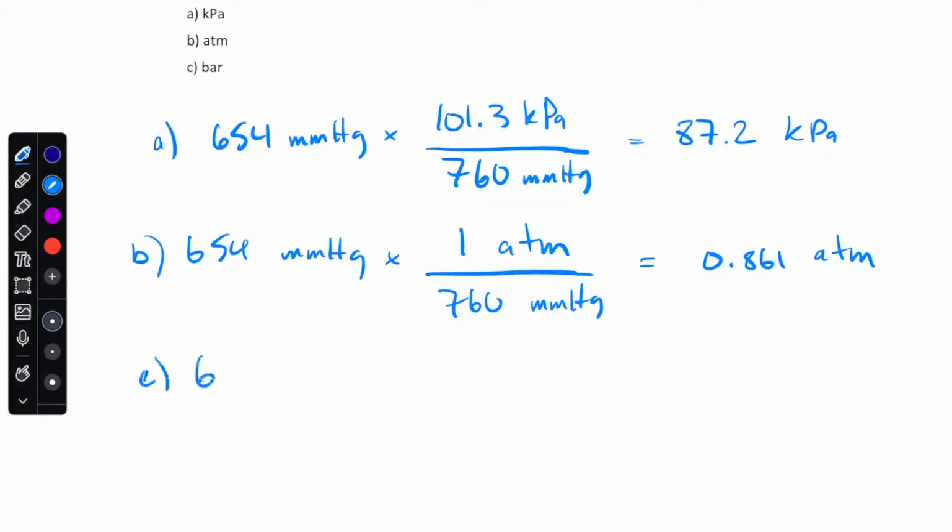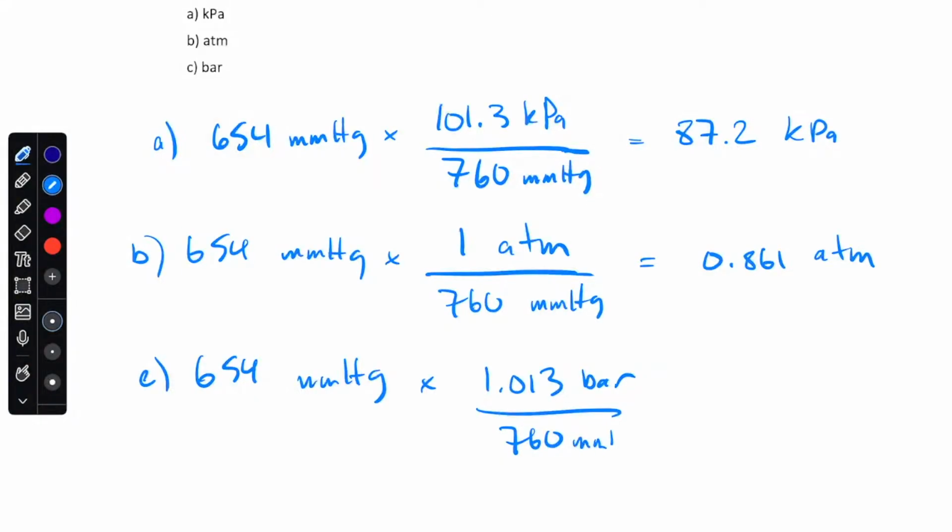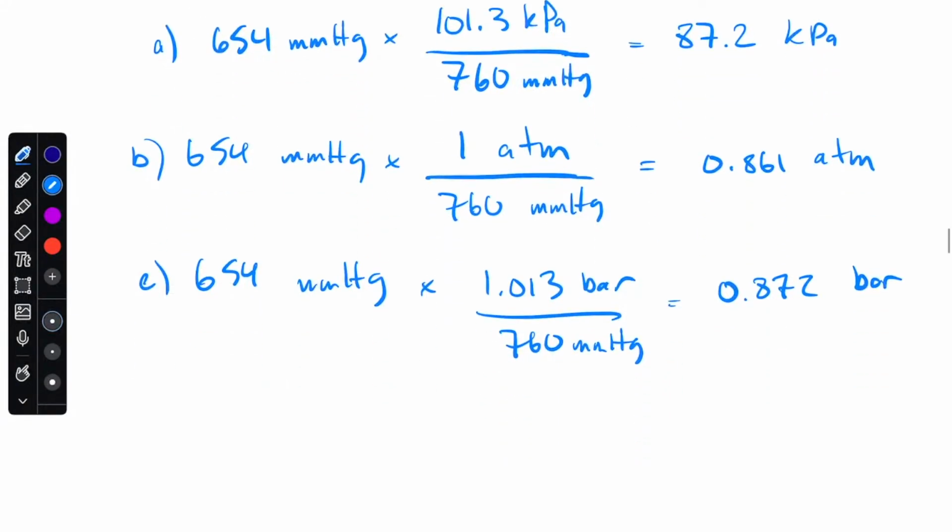And C, 654 millimeters of mercury times, in this case, 1.013 bar over 760 millimeters of mercury, equals 0.872 bar. No problem. Easy peasy.